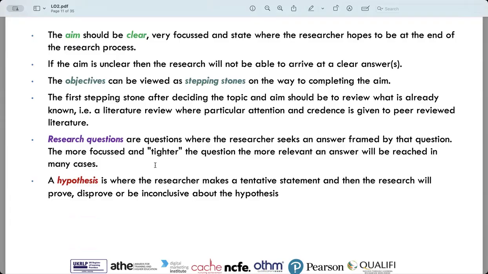The more focused your question is, the better your results will be. Finally, you might include a hypothesis. This is a statement you believe might be true and want to test through your research. After conducting your research, you will find out if your hypothesis is true, false, or unclear.